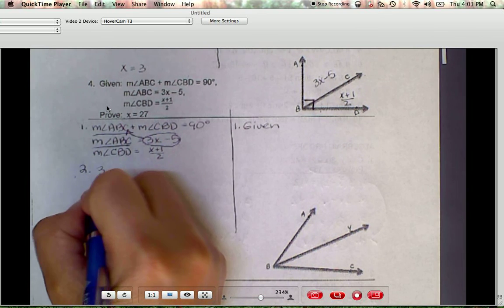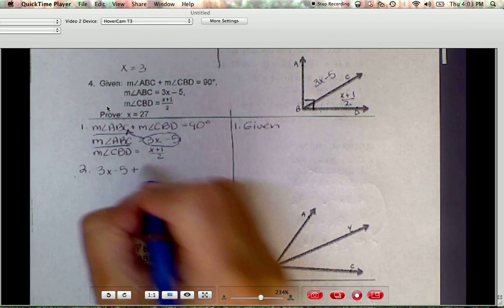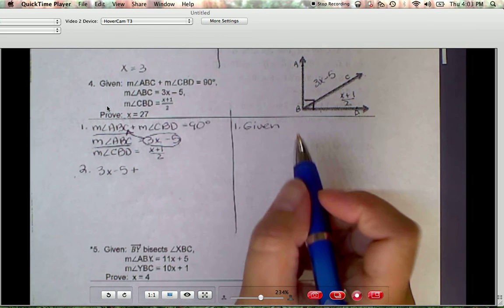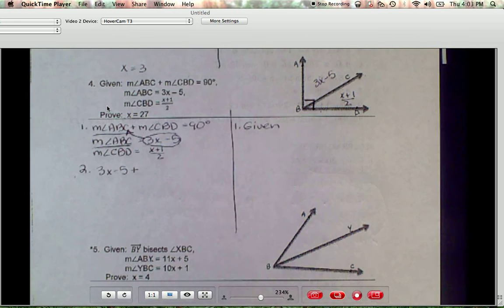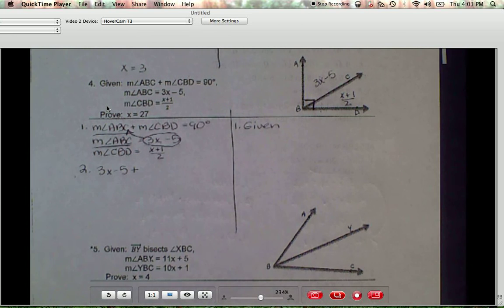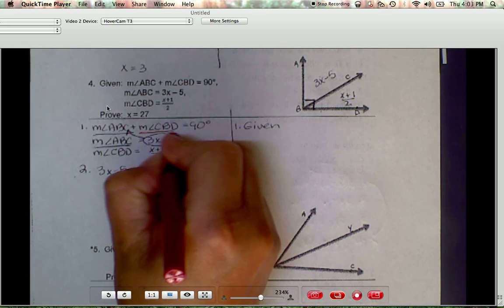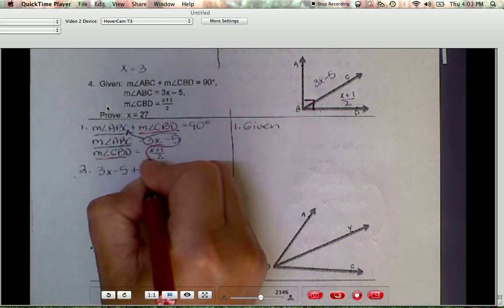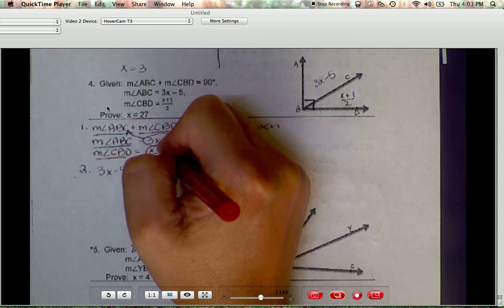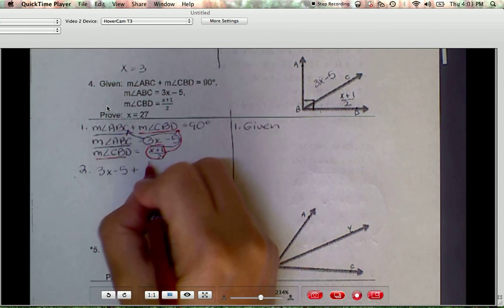So we get 3x minus 5 plus. In the same token, if we know that the measure of angle CBD is x plus 1 over 2, then we're going to take this x plus 1 over 2 and plug it in for this one.